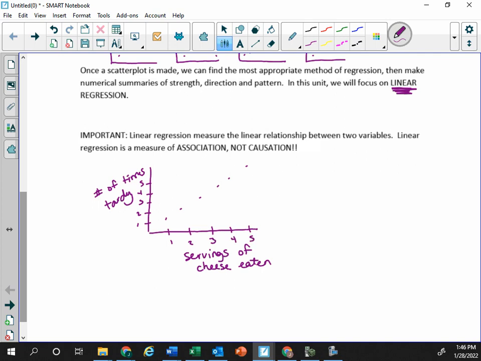Do we think that how often someone is tardy is caused by the amount of cheese they've eaten? No, there's some sort of weird association going on here, but it's not necessarily that eating cheese makes you tardy, okay? That's the difference there. Sometimes that's hard because it will look very much like one causes the other, but you can't state that. It's just an association between those two variables.